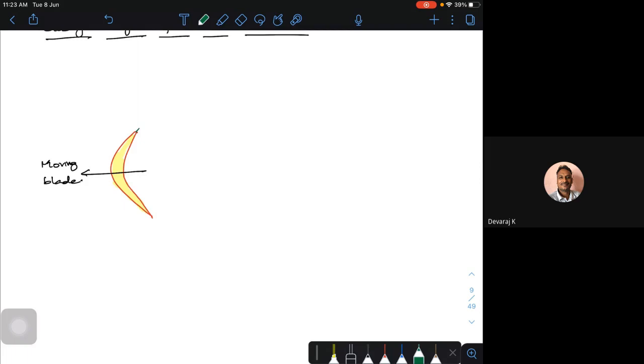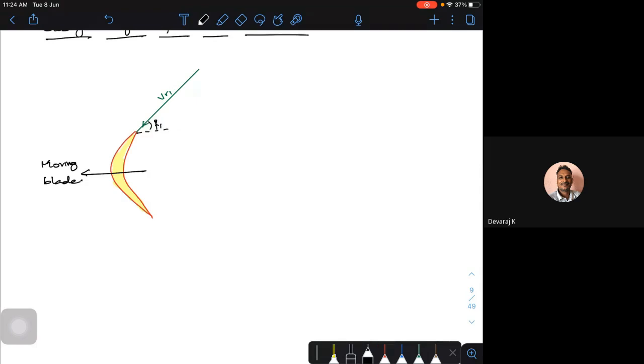If I want to draw the triangle, this will be my relative velocity VR1, making an angle of beta 1. This is my beta 1.